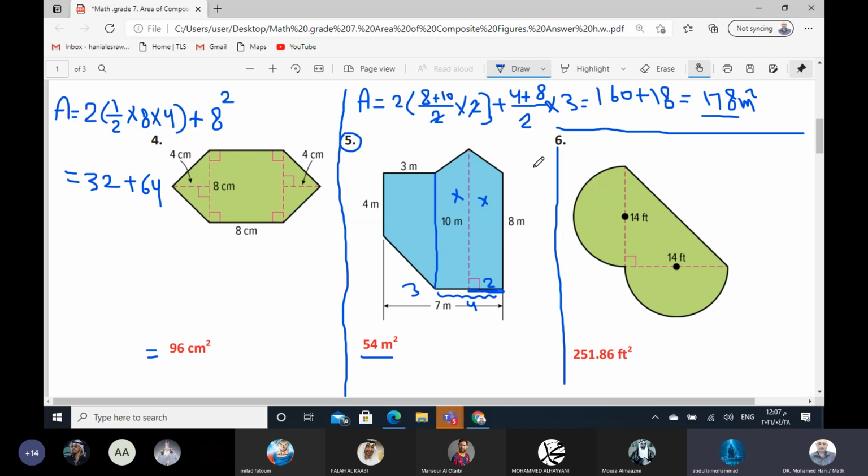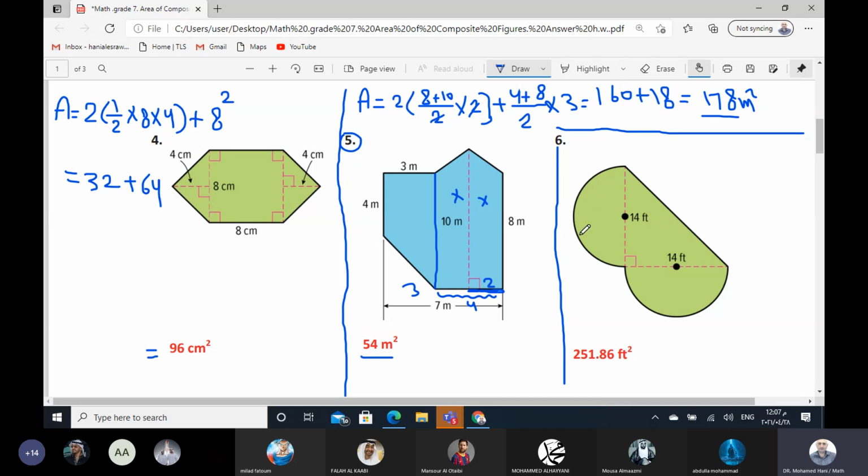Mister, why did you multiply and divide by 2? You multiplied it again by 2. Here I cancel 2 by 2. Then I said 8 times 10, 80, times 2, 160.